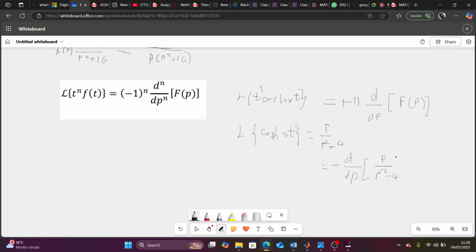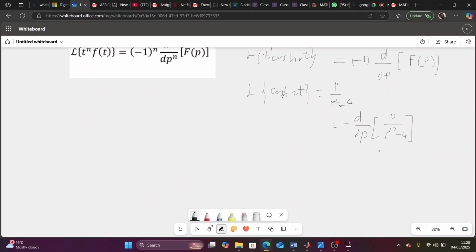So here we can now differentiate this one. How do we differentiate this one? It is the quotient rule, (u/v) prime, which is u prime v minus v prime u over v squared. So u is p, right?